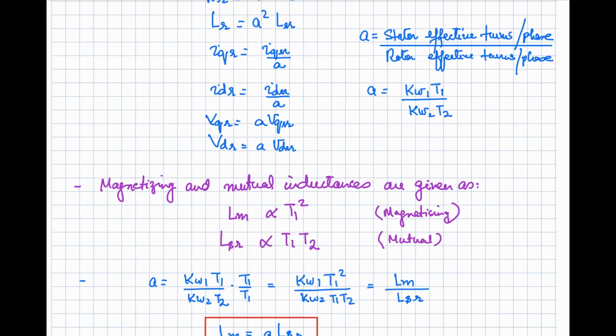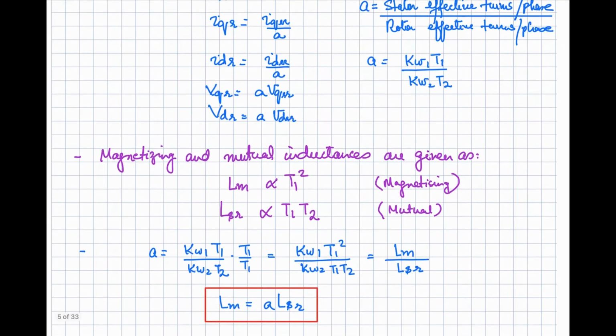Okay, so this A that we have assumed, and what is this K omega? These are basically the winding constants, which you must be familiar with from the basic electrical machines course. So this A will be equal to K omega 1 T1 by K omega 2 T2. If I multiply and divide by T1, I can write it as T1 square and T1 into T2.